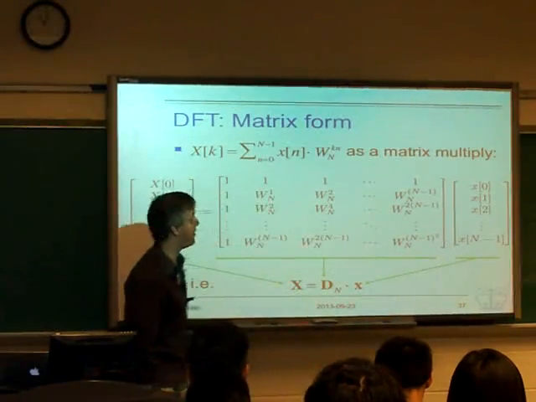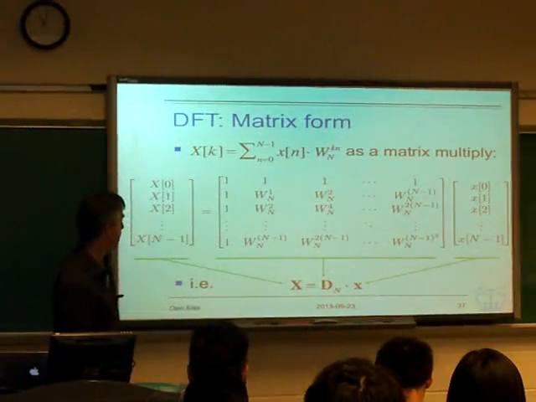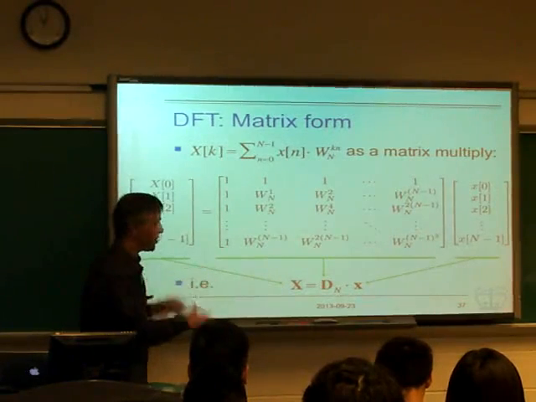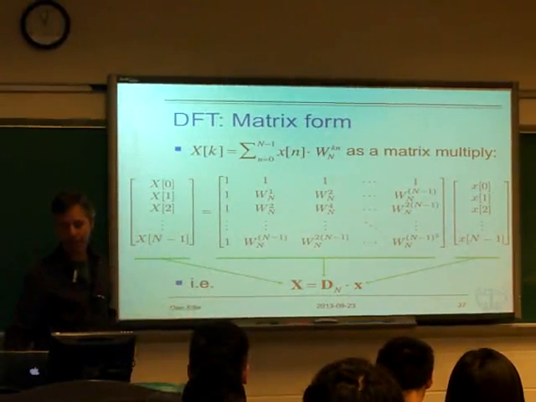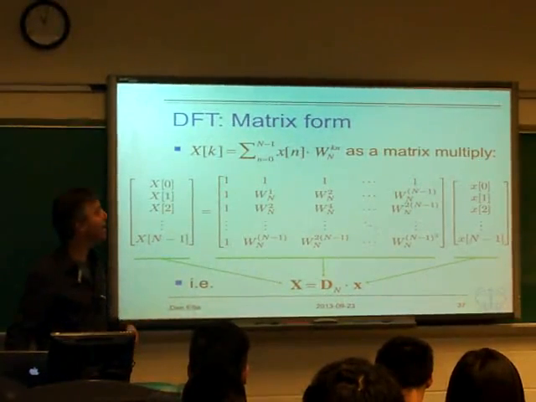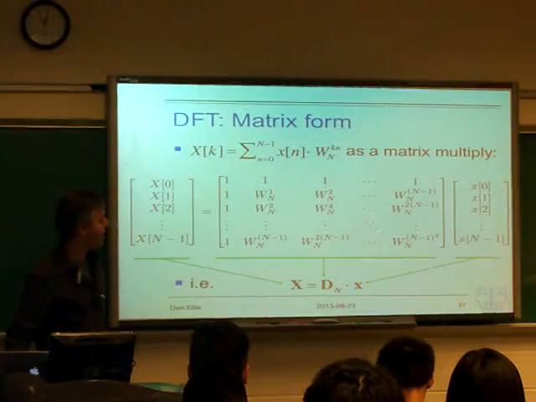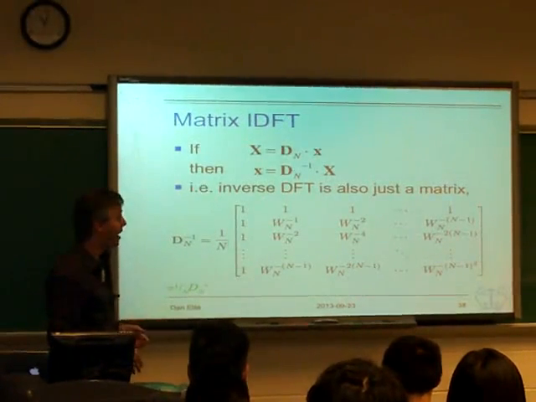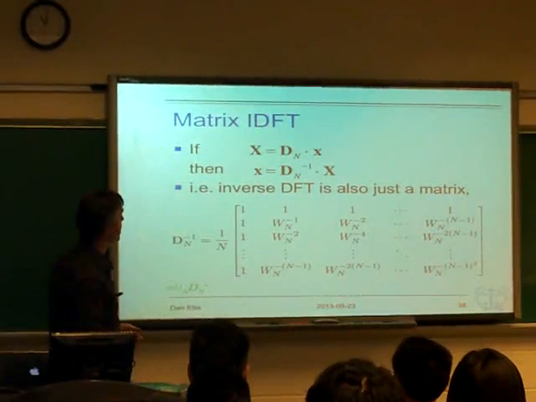And those are the W to the kn's for those values. So that's nice. Matrix multiplication is something that computers are good at. Often you have optimized libraries for this kind of thing, so that gives us a nice way to think about it. And then we can also use our insights from linear algebra to understand what's going on.